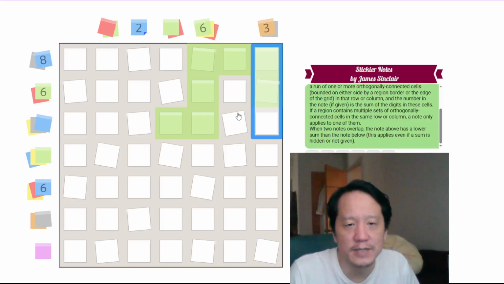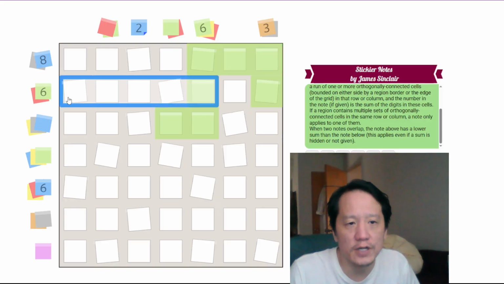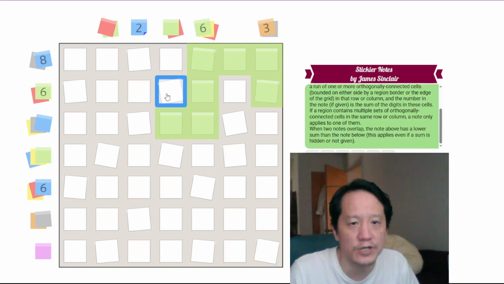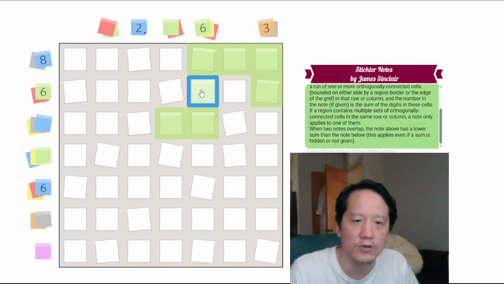So what's an example of this? In row 2, we are guaranteed one of the regions that is orthogonally connected, which means they share an edge. So these are not orthogonally connected regions.